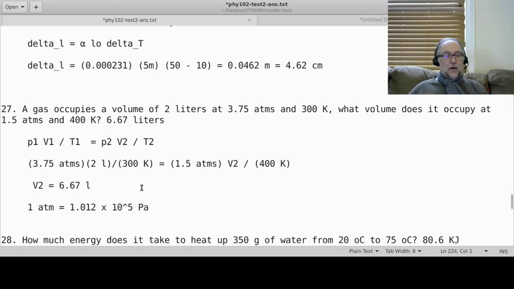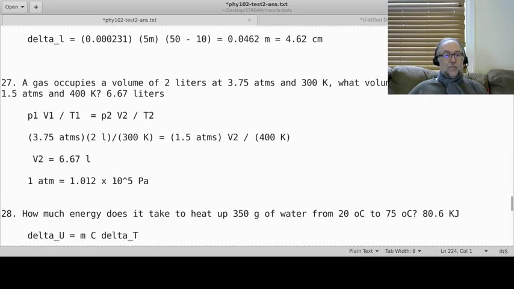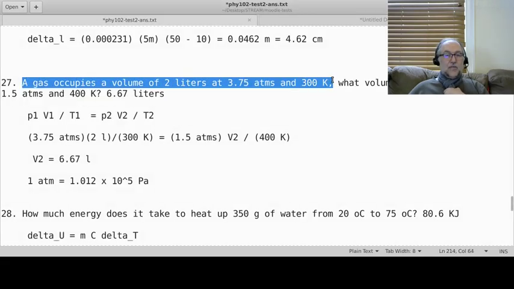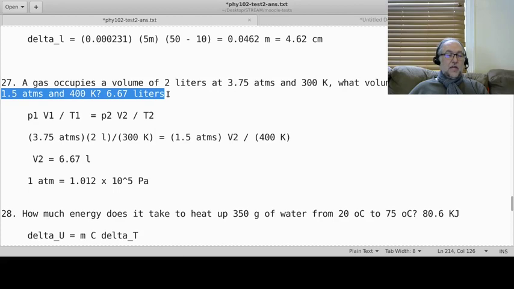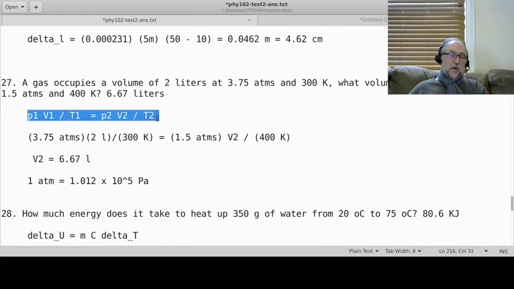Not that that's difficult, but it's just kind of annoying, especially in the context of a test where you might make mistakes in doing that conversion. So there you go. If you've got the gas at one state, P1, V1, and T1, and it changes to another P, V, and T, you can just use the ratios, and you don't have to worry about the units.